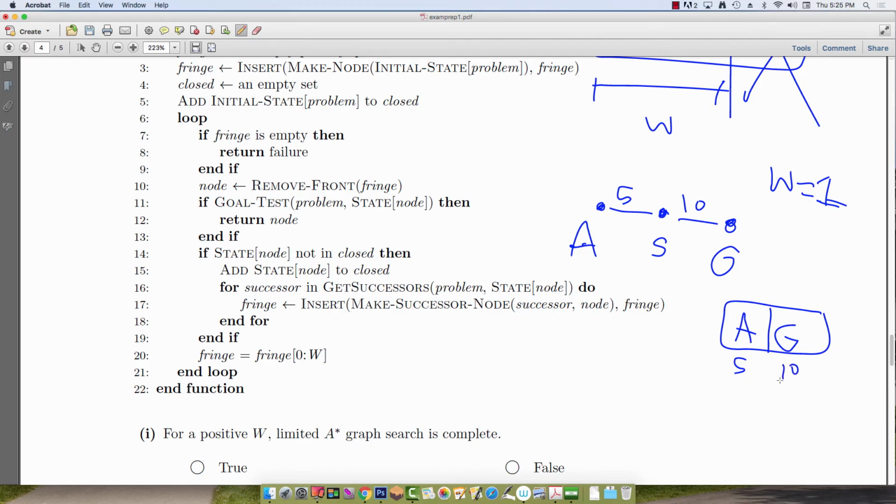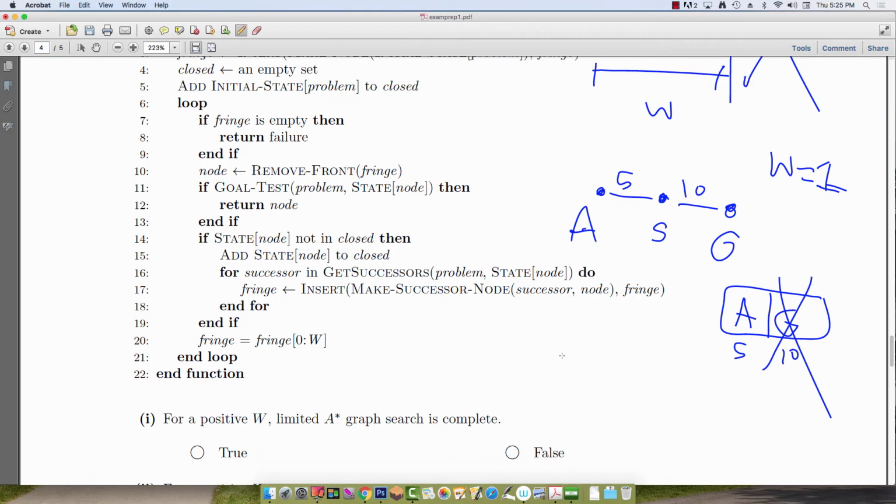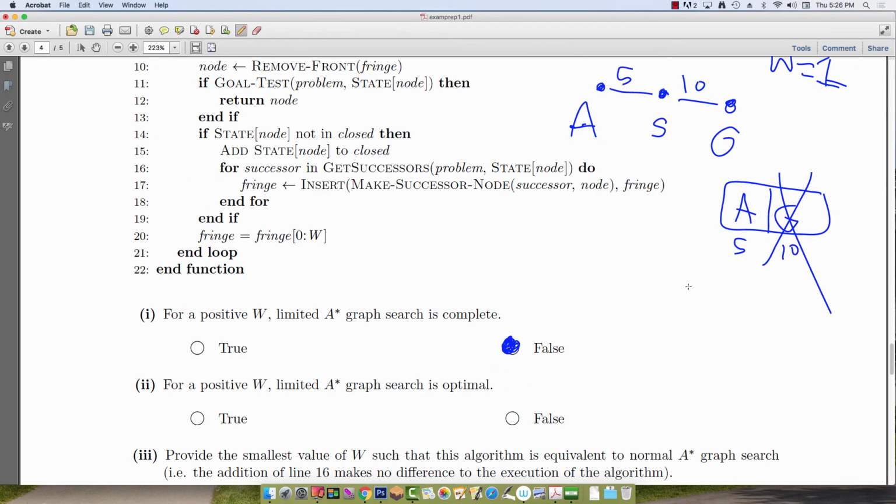Let's just say that our heuristic is a 0 heuristic for now, so we're just doing uniform cost search. In this case, since W is 1, we're going to cut off the goal. And since we cut off the goal, we have literally no way of ever seeing the goal. So we'll just go to A, and we'll never find G. Since we never find the goal in this case, it is not complete. Simple examples like these should help you see why cutting off our fringe is something we can't do if we ever want to guarantee that we can solve the problem. Is it optimal? No, because we can't even find the path sometimes.